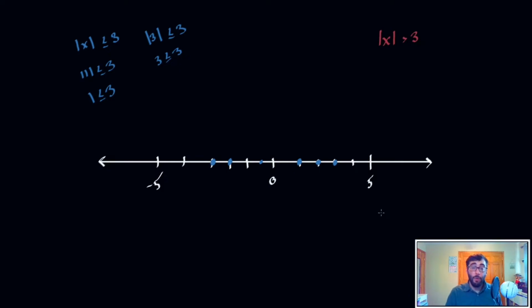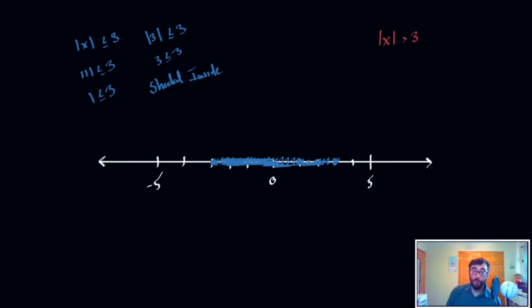And what we're actually seeing here is a compound inequality, because we're going to have all these numbers in between negative 3 and positive 3. All the numbers in this shaded region are solutions, and notice how it's shaded inside.